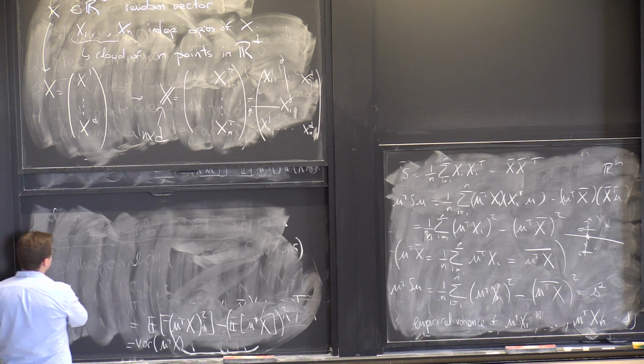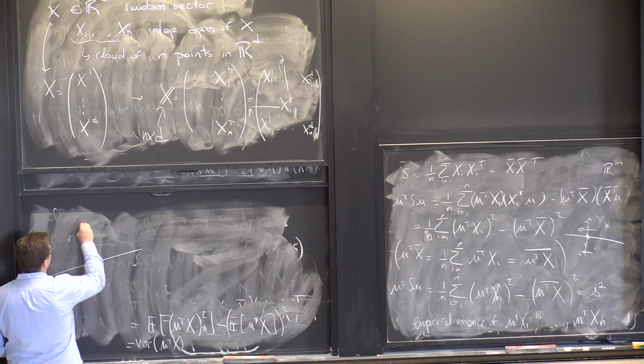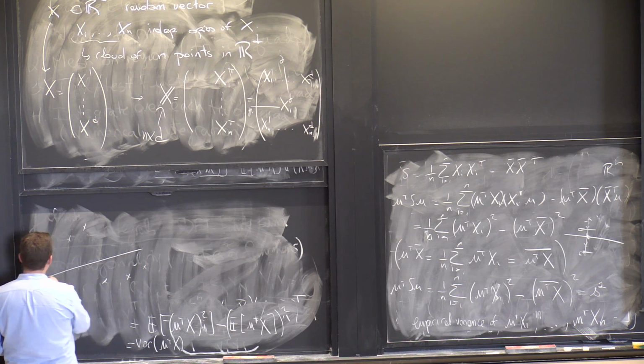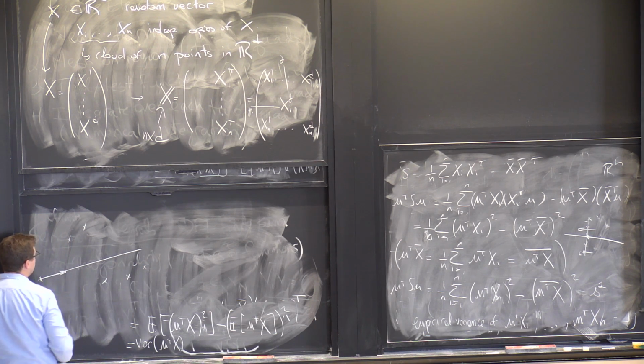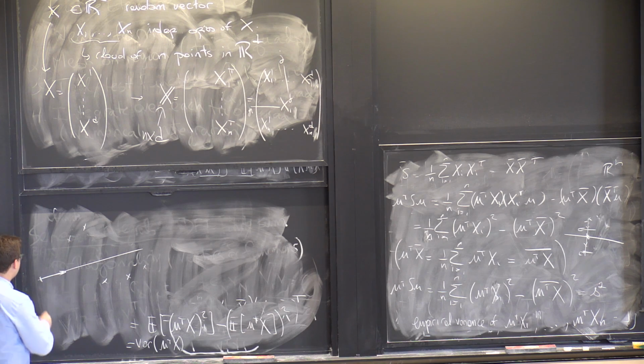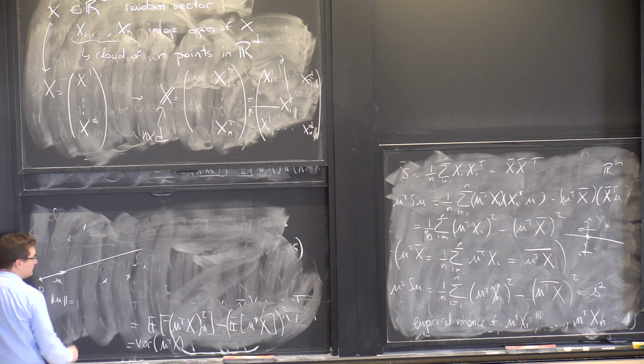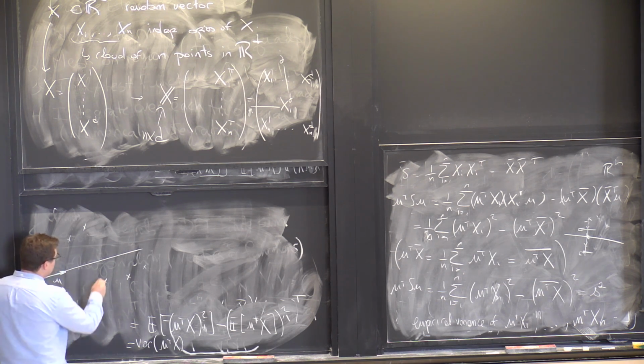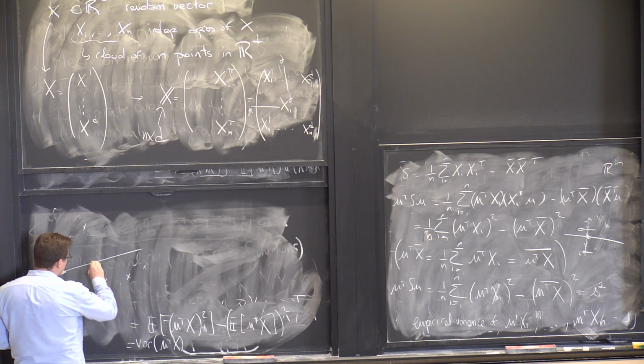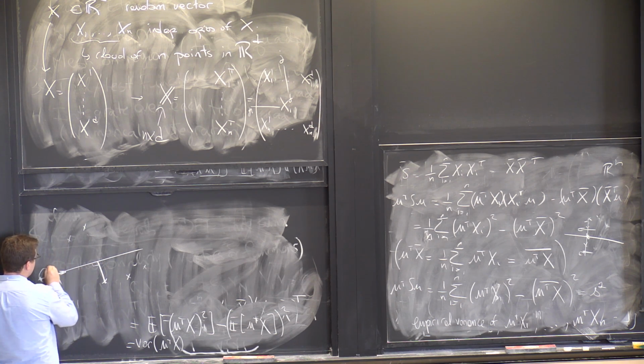Let's say I have a bunch of points, and U is a vector in this direction. So this is 0, this is U, and let's say that U has norm 1. What is the coordinate of the projection? So what is the length of this guy here?